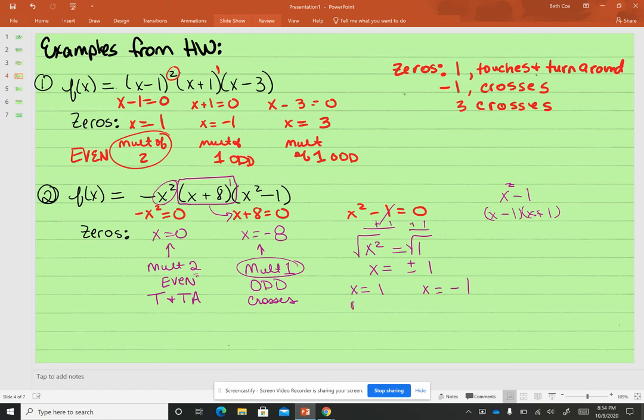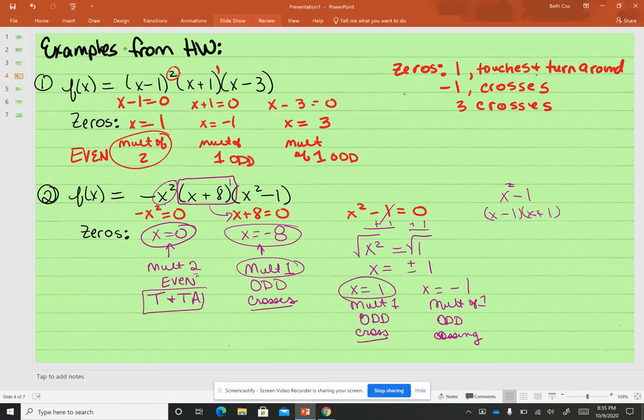So each one of these has one factor. Multiplicity of 1, so that's odd, and that's crossing. This one's multiplicity of 1, it's odd, and it's crossing. All right, so 0 touches and turns around. Negative 8 crosses, 1 crosses, negative 1 crosses. Those are our zeros based on our factors, and those are what the multiplicity tells us on those.